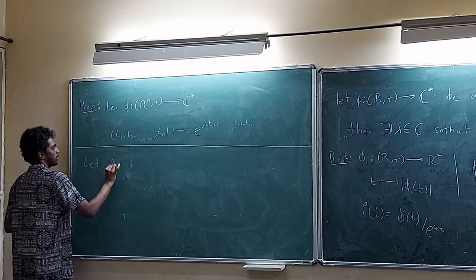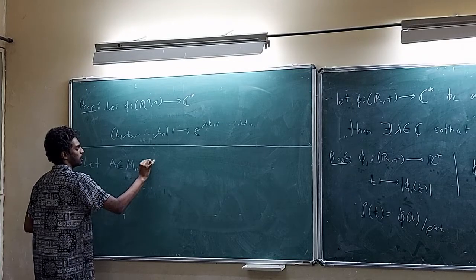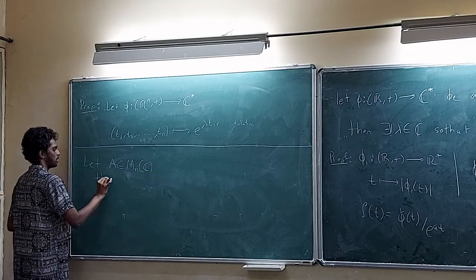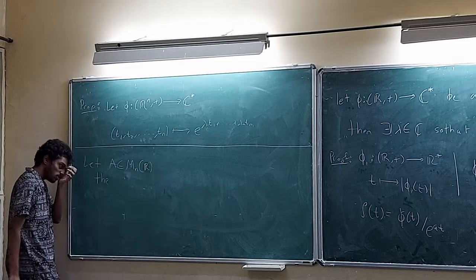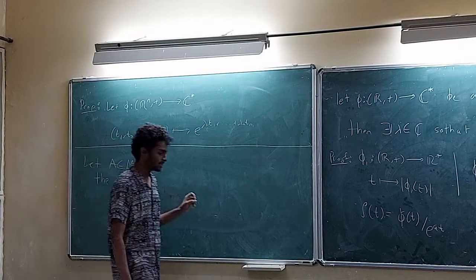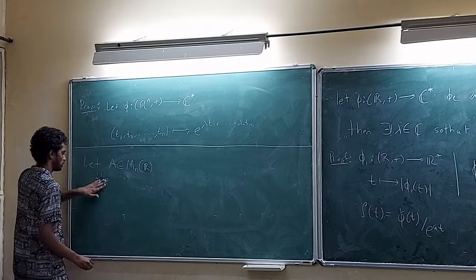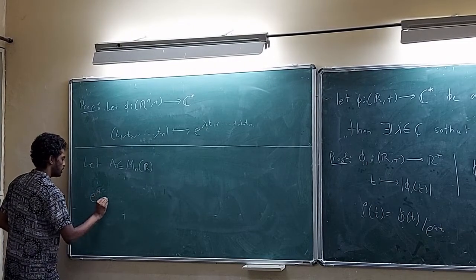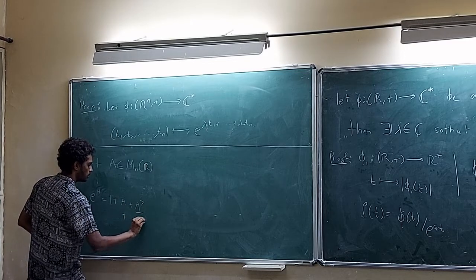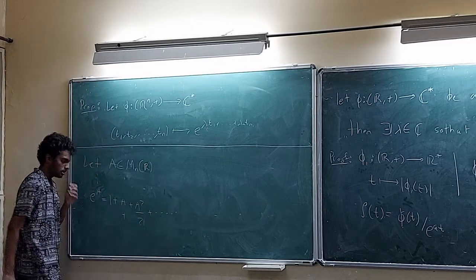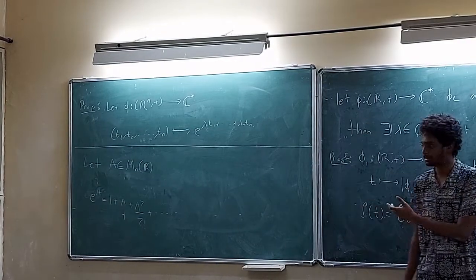Let A belong to M n R. For n cross n matrices, we can define the matrix exponential. We define e power A equal to 1 plus A plus A square by 2 factorial plus so on. This notion of the matrix exponential has already been discussed in some of the previous topics.